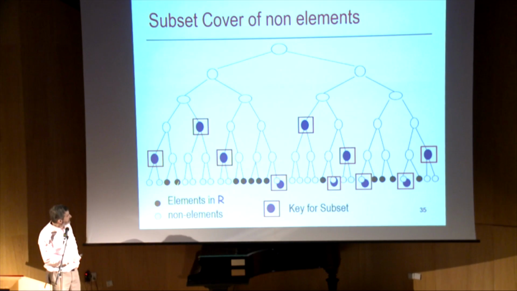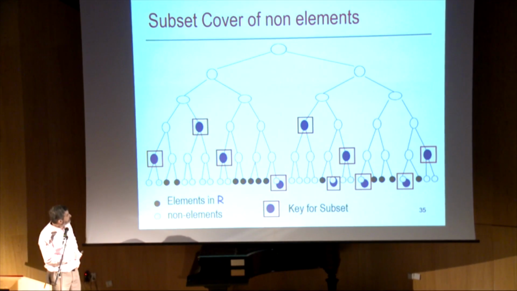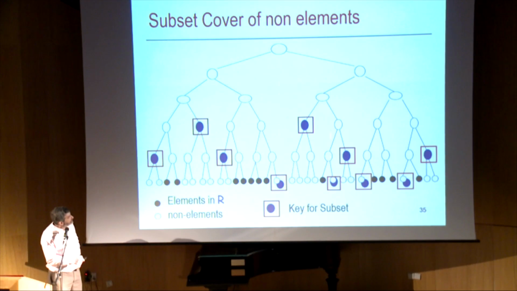Here the black ones are elements in R. You remove all the path here, or this node you removed all the things here, and you can cover the remaining ones with full binary trees. Here there wasn't any choice, but you had to give him the specific key because it had so many neighbors which were in the set. But here you have a pretty high node.